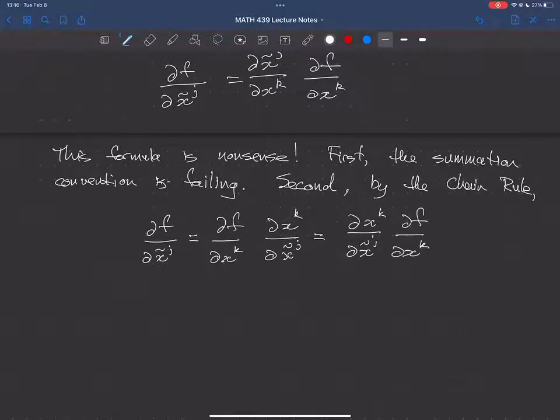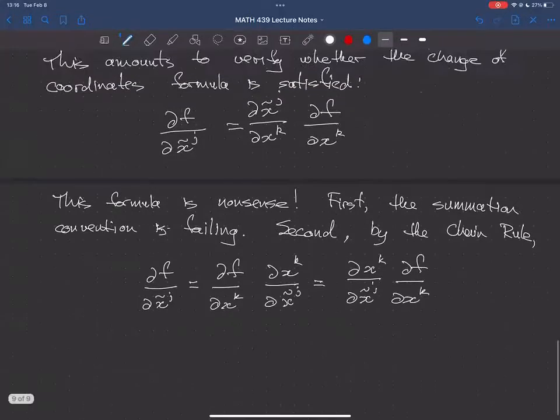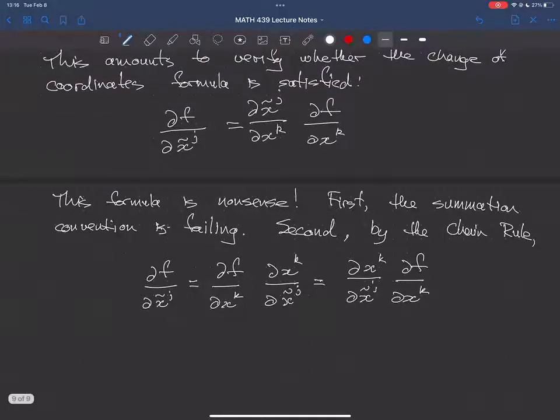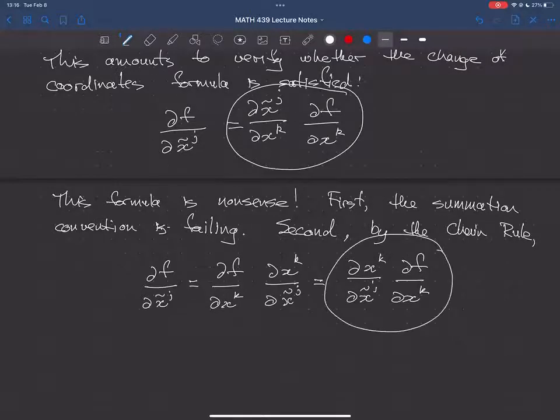Of course, the two things are the same, it's just an aesthetic choice. And this and the earlier expression are not equal. So this formula is wrong for multiple reasons.